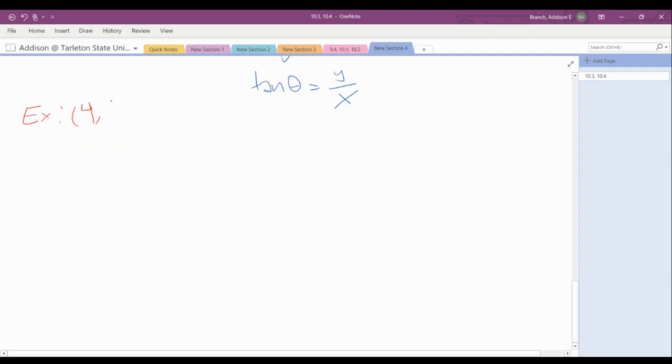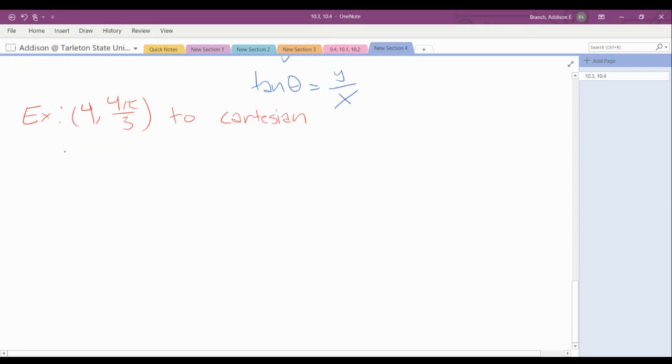So let's go from (4, 4 pi over 3) to Cartesian. All right, so we have our r and we have our theta, but now we need to find our x and y.